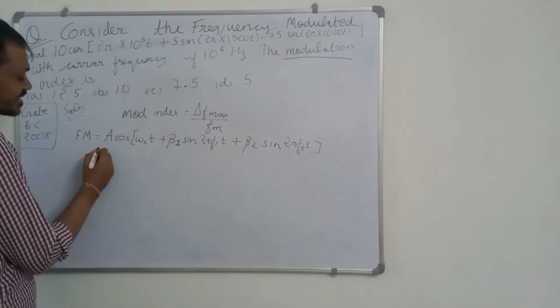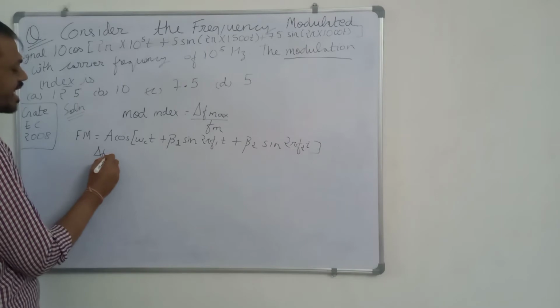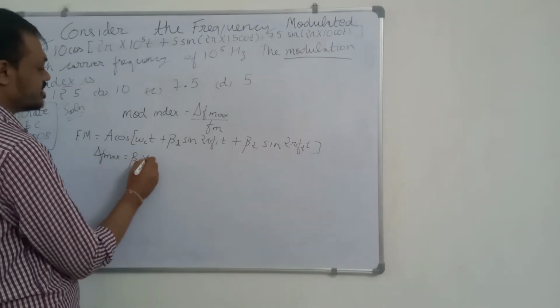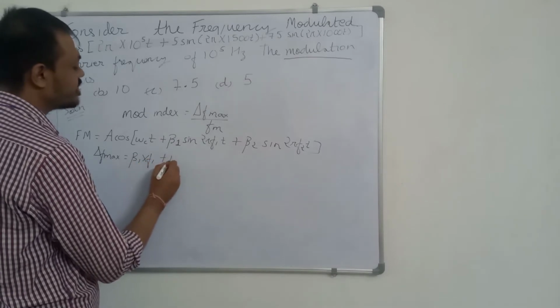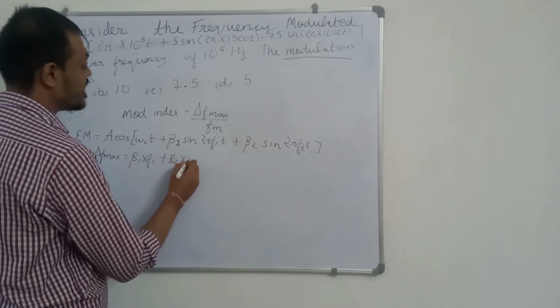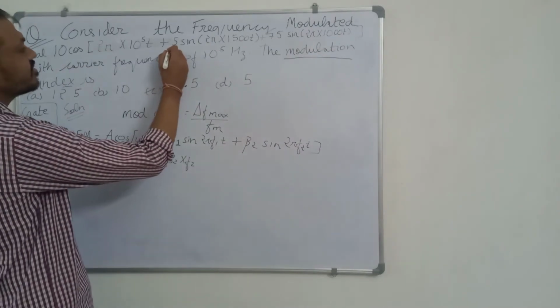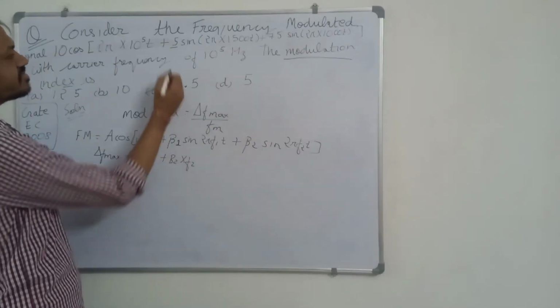Here the maximum frequency deviation is given by beta 1 into f1 plus beta 2 into f2. We can compare this with the given signal.